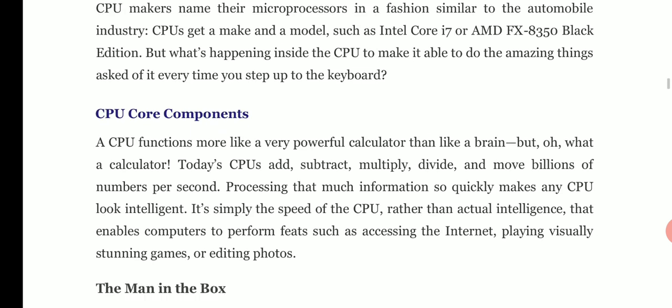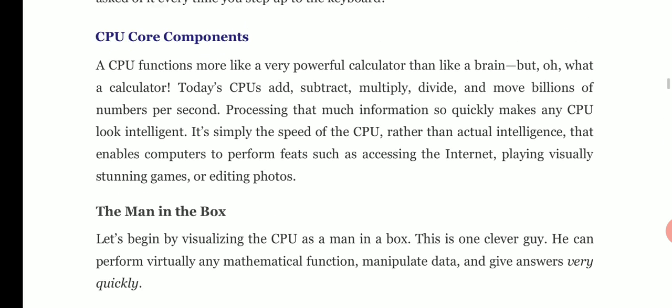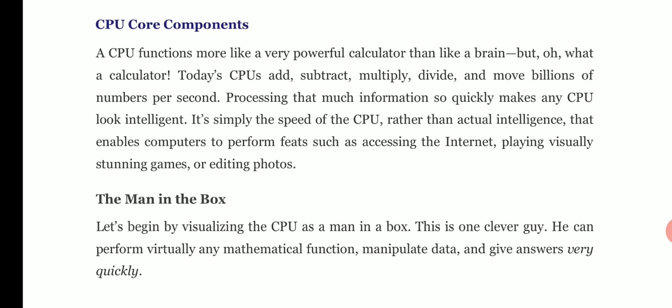So here are the CPU core components. A CPU functions more like a very powerful calculator than like a brain. Today's CPUs add, subtract, multiply, divide and move billions of numbers per second. Processing that much information so quickly makes the CPU look intelligent.